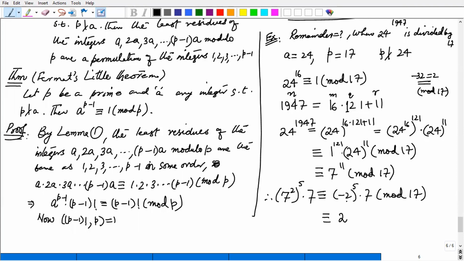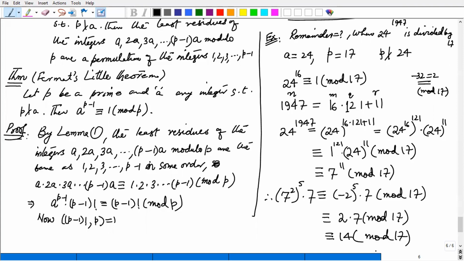So minus 2 to the power 5 can be written as 2 times 7 modulo 17, and this is congruent to 14 modulo 17.